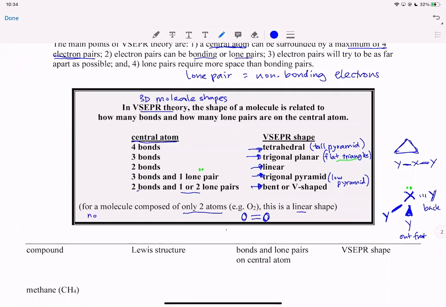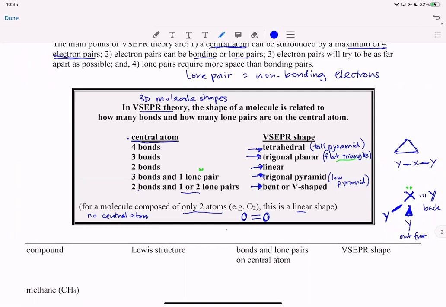So this is molecules that have no central atom. And the reason is for having no central atom is because there are only 2 atoms. So you have to have 3 atoms or more to have a central atom and then kick into these VSEPR shapes. But when you have only 2 atoms, then it's just 2 things in space stuck together. That's always going to be a line.